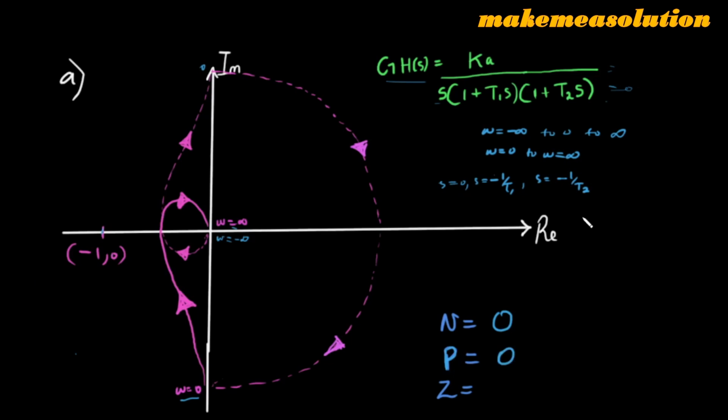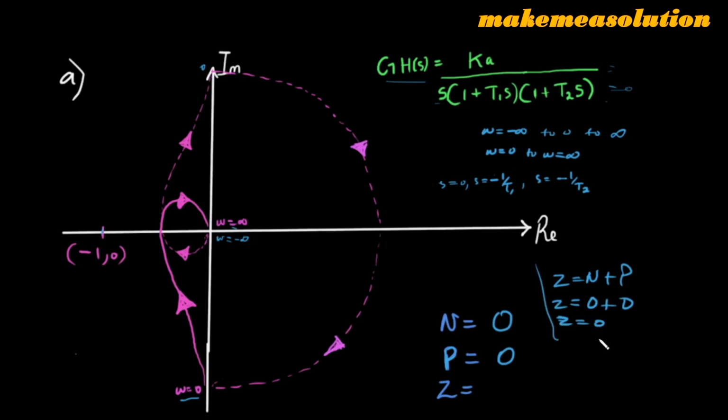There are no right hand poles, or no unstable poles here. Then, according to the Nyquist formula, z is equal to n plus p. z gives us the value that we will eventually use to determine whether the system is stable or not. So in this case, we have 0 plus 0, so z is equal to 0 eventually.